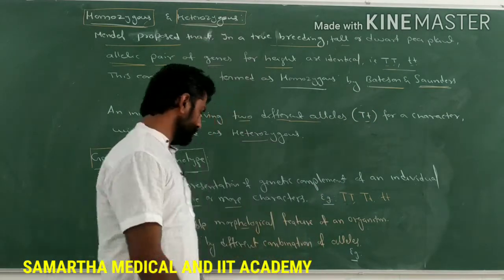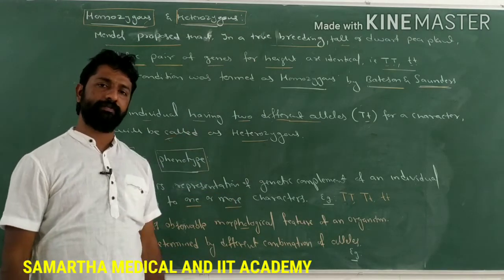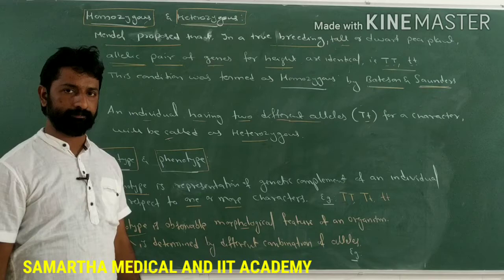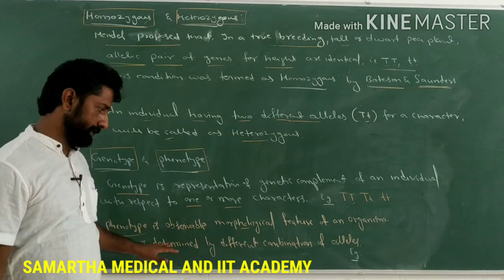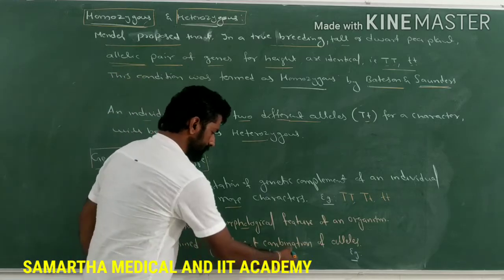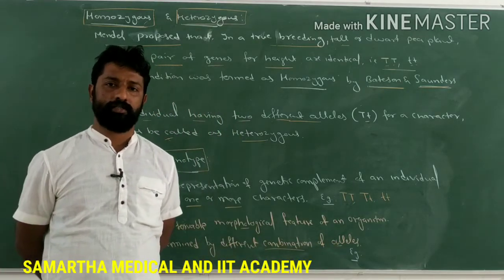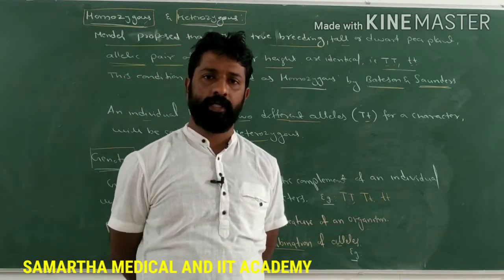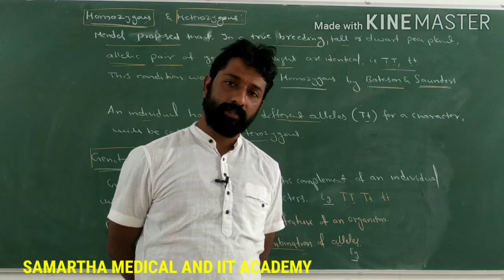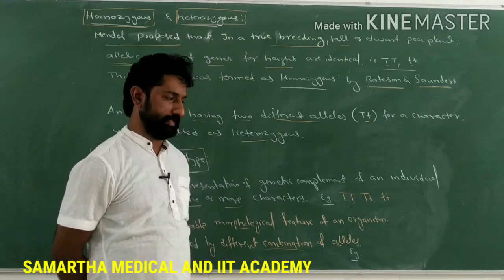So the phenotype is nothing but the observable morphological feature of an organism. And remember, this phenotype is determined by different combinations of alleles. Meaning whatever character or feature is expressed in that organism is a result of the combination of alleles.